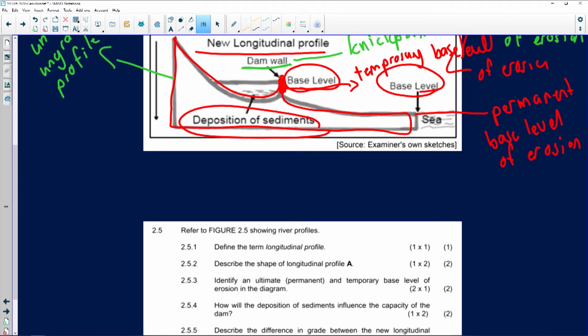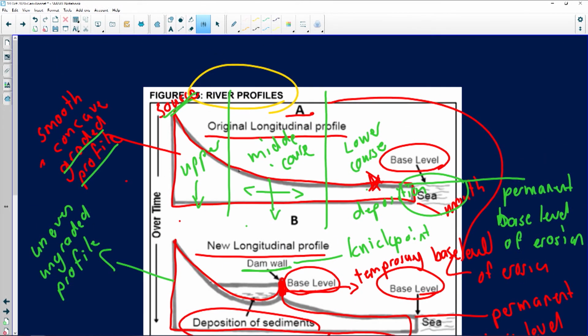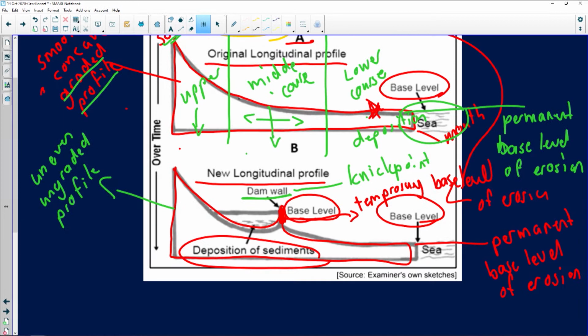Okay. Now, if we look at this question, the first question, and I've mentioned it to you before, it says, define the term longitudinal profile. Now, when we look at the longitudinal profile, it's from the source to the mouth. Okay, I want to go back to my image over here. It's from the source to the mouth. It's a side view.